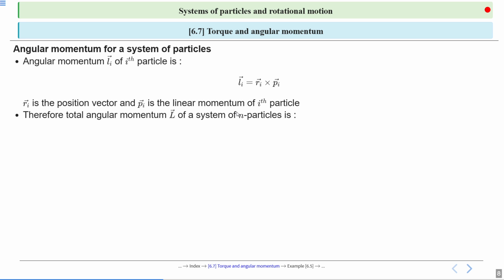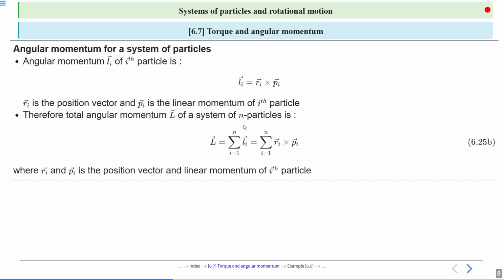Therefore, the total angular momentum L of a system of n particles is L equals summation i equal to 1 to n of Li. Now we know Li is the angular momentum for the ith particle, which is Ri cross Pi.